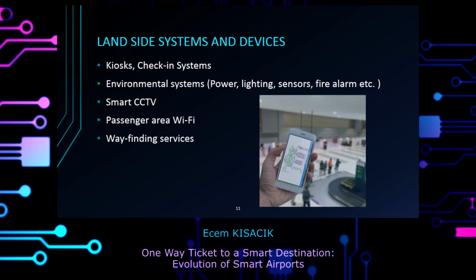There are thousands of cameras at smart airports, and they can monitor the entire airport, especially high-risk areas, or act as a wayfinding service system sensor. Passenger area Wi-Fi, wayfinding services. I want to mention them.